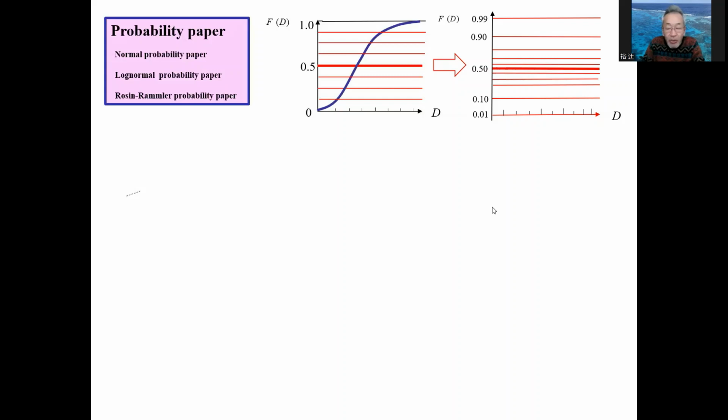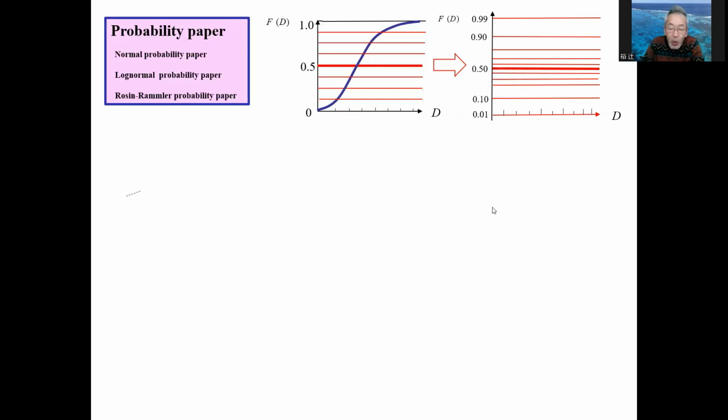So on the normal probability paper, the lower bound is usually marked like 0.001 or less, but not 0, and the upper bound is marked like 0.999 or more, but not 1.